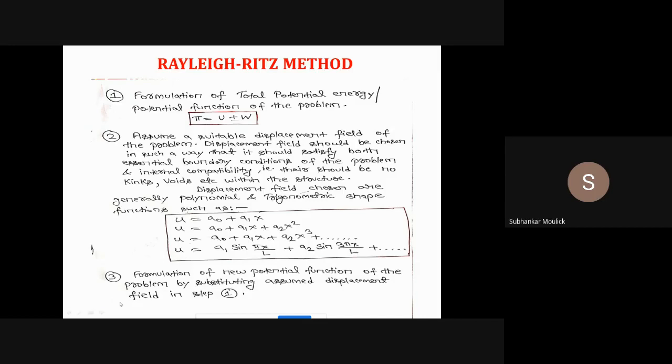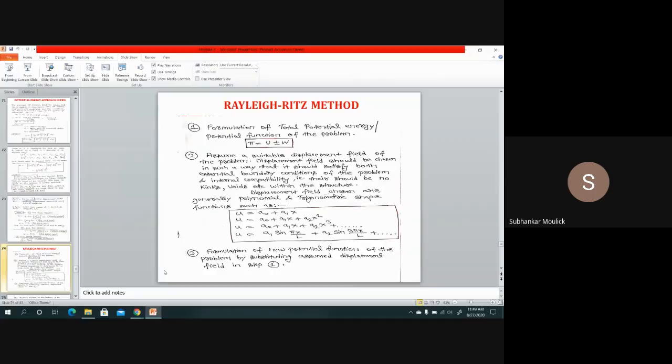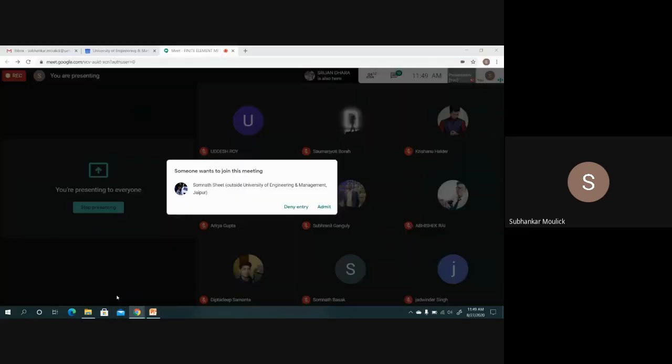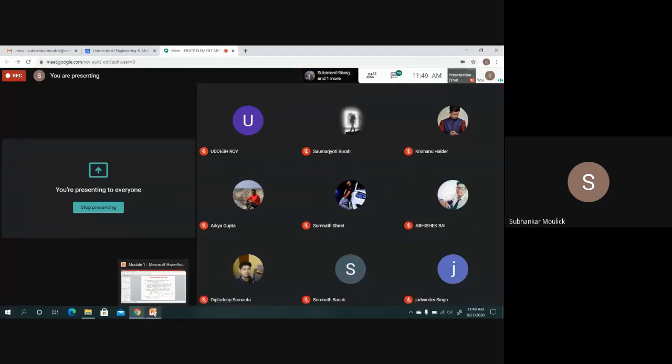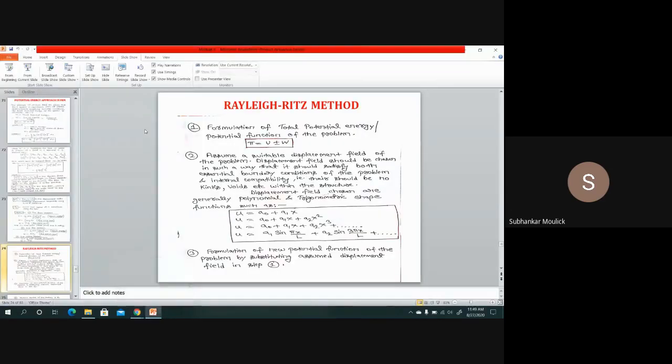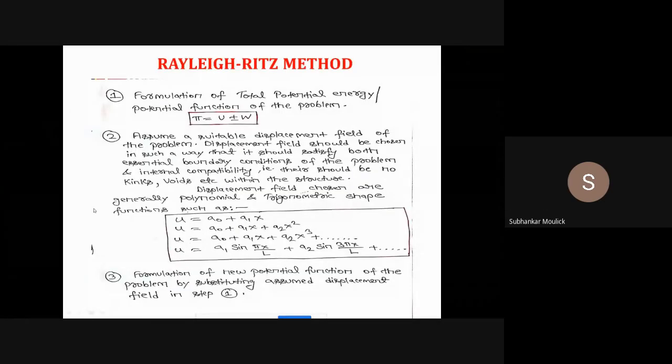Third method was Galerkin method. In those cases, we were finding the domain residual of the problem, and then we were trying to minimize that domain residual by all these techniques.